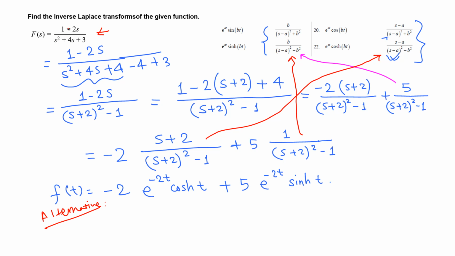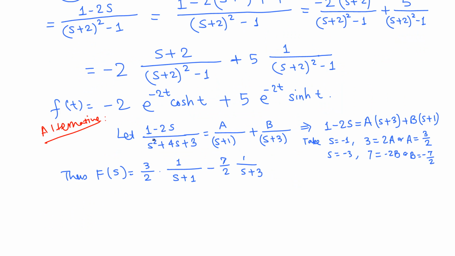We can write the given function as a sum of two fractions because the bottom factors as (s plus 1)(s plus 3), and using partial fraction decomposition, the routine calculation, we get a is 3 halves and b is negative 7 halves. So the function is a over s plus 1, so I pull the a to the front, 3 halves, 1 over s plus 1, and b, negative 7 halves, 1 over s plus 3.